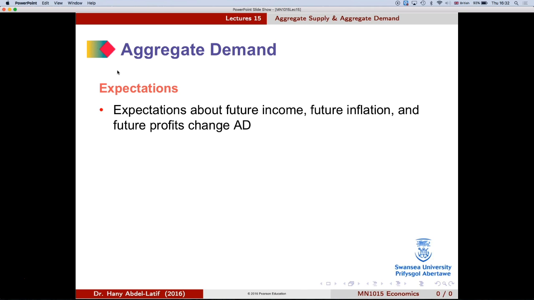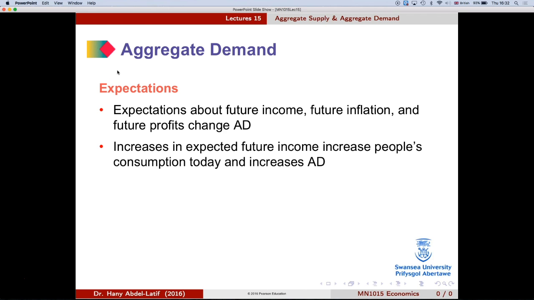Expectations here are related to future income, future inflation, and also future profits. If we expect an increase in one of these, that will shift the aggregate demand curve to the right. So if people expect that their income will increase in the future, they might increase their consumption now. And remember, consumption here is one of the components of aggregate demand.